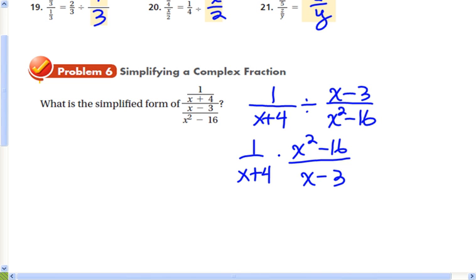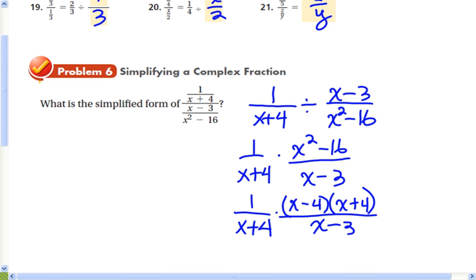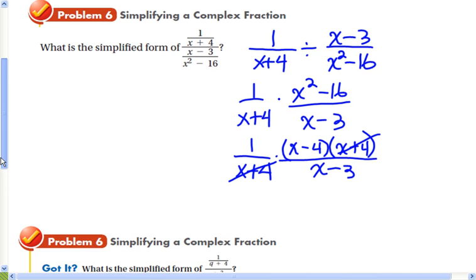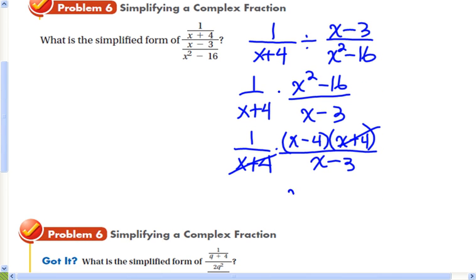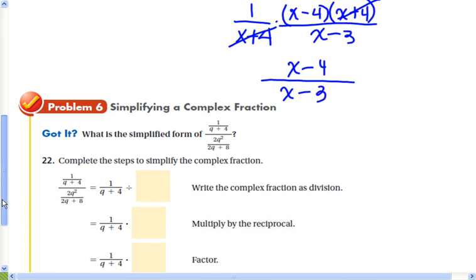Then we are going to factor what we can, which is the x squared minus 16. That's the difference of two squares, so that would be x minus 4 times the quantity x plus 4. Then cancel the common factors and simplify, and we get 1 times x minus 4 over x minus 3. Alright, you try that.